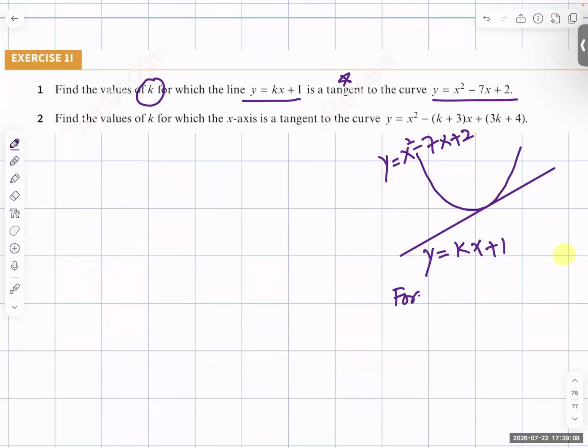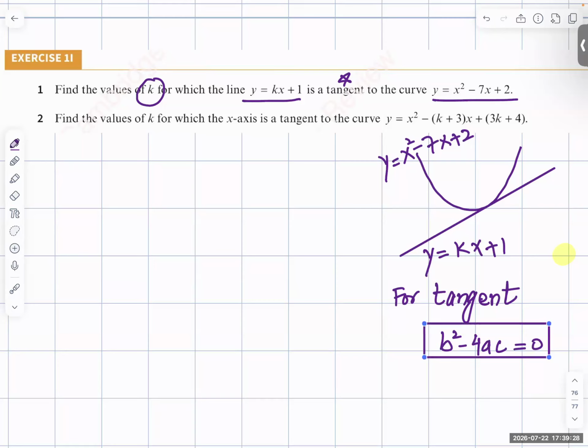So for tangent, what should be the discriminant? B square minus 4ac. Should it be equal to 0, greater than 0, less than 0 for tangent? It has to be equal to 0.